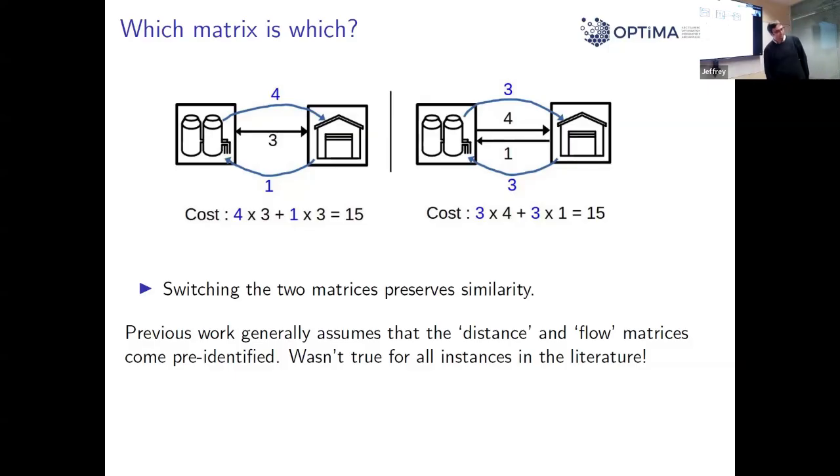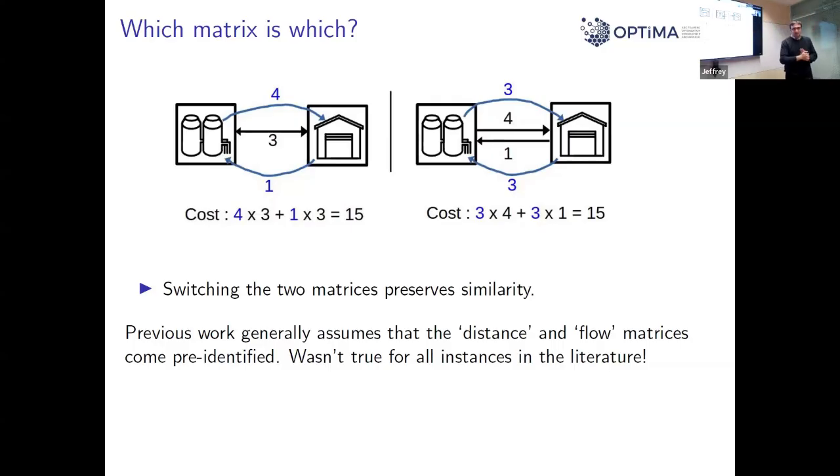It doesn't label one as the distance matrix, which is a problem if we want, as has been typically done in the literature, to measure features about the distance matrix or the flow matrix. In fact, even if we give up on a distance matrix and flow matrix designation, if we're applying features to the first matrix, then if we flip around the order of the 2 matrices, those features are going to be very different, but our problem's essentially the same.